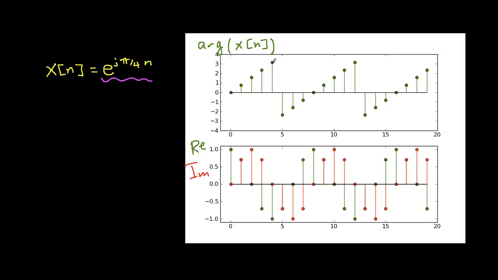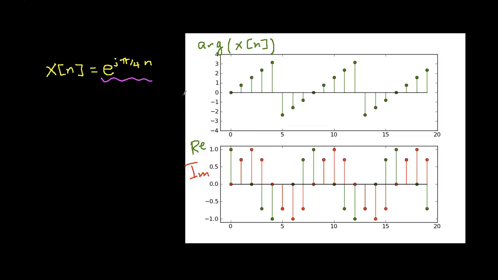An angle of pi corresponds to something that's completely real and negative. An angle of pi over 2 corresponds to a real part that's 0 and an imaginary part that's 1. This would be minus pi over 2 or 3 pi over 2, either one is the same: a real part that's 0 and an imaginary part that's negative. So the angle is a function of the relationship between the real and imaginary parts.